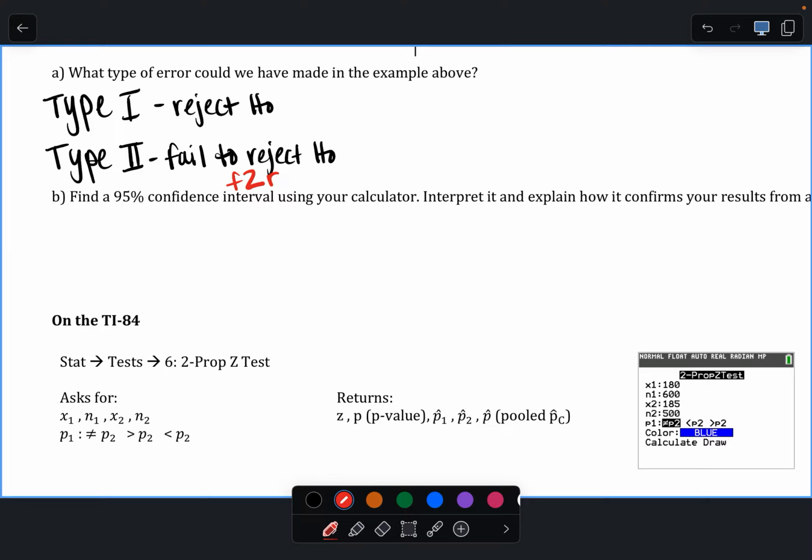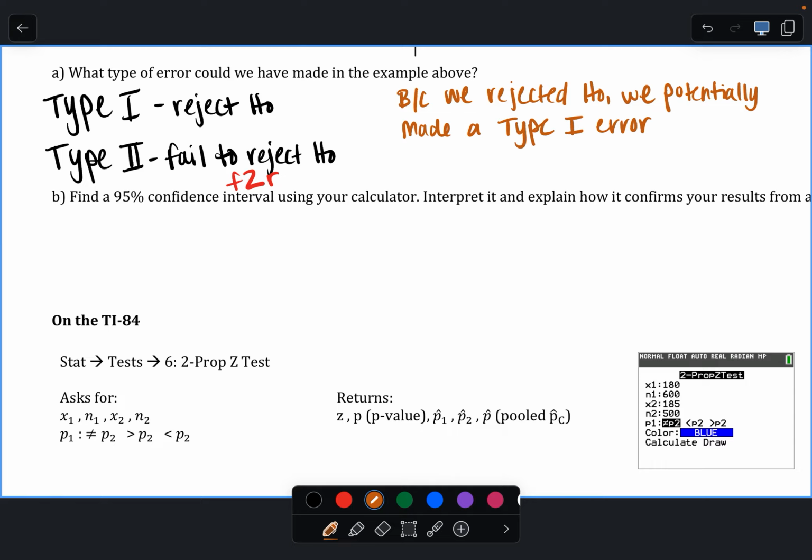Now, based on what we did, in our conclusion, we rejected. So I would say something like, because we rejected H0, we potentially made a type 1 error.